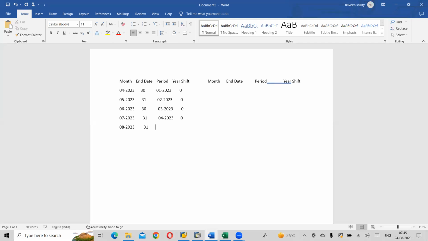Here also I'm showing you how the system calculates in the V3 variant. This is the fifth period, 2023, 0. Like that, 09/2023, September. This is the sixth period of 2023, 0.